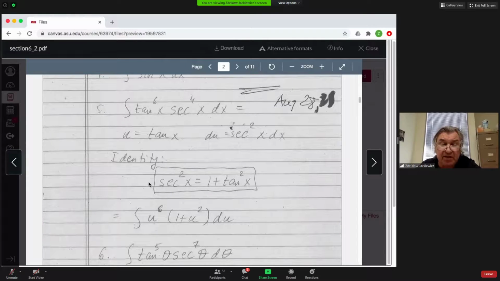We will be using this identity in many different forms. Later, we will use it in the form that tangent square x is secant square x minus 1. But to deal with this, we will have to know that secant squared is 1 plus tangent squared.